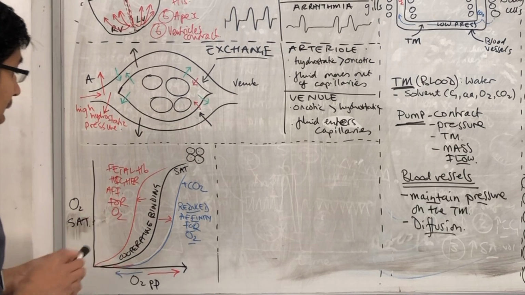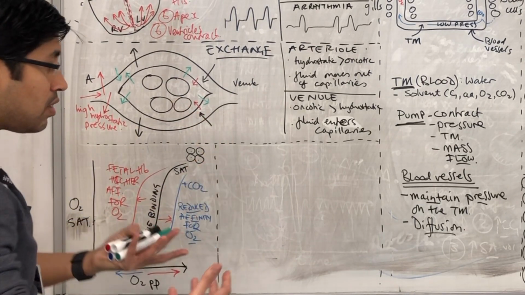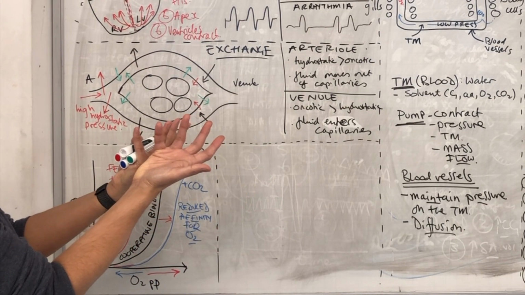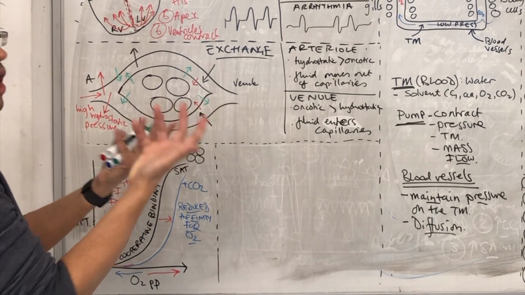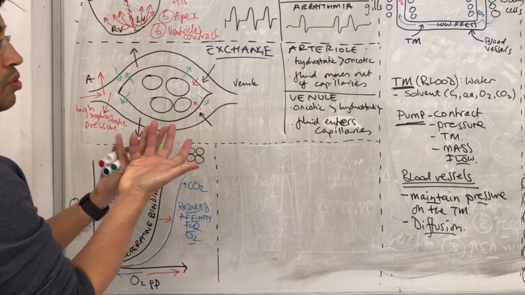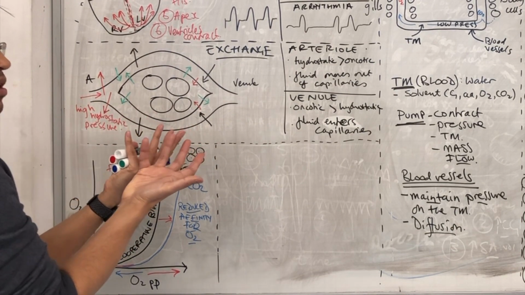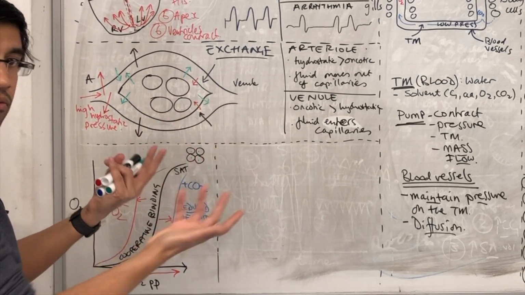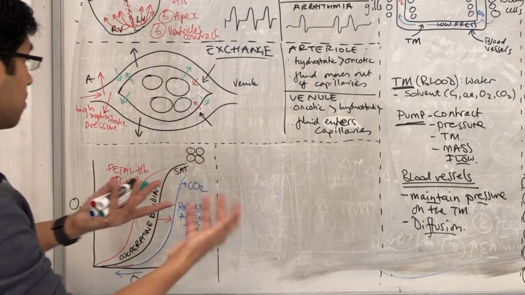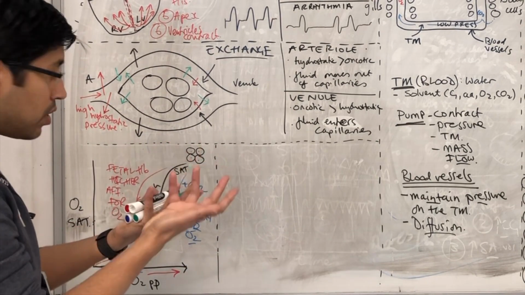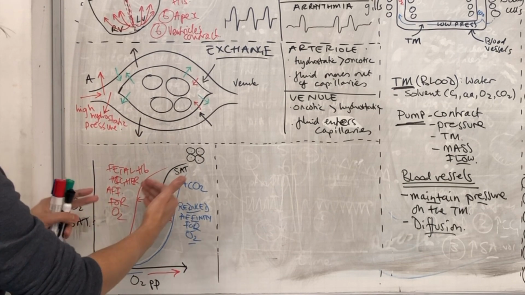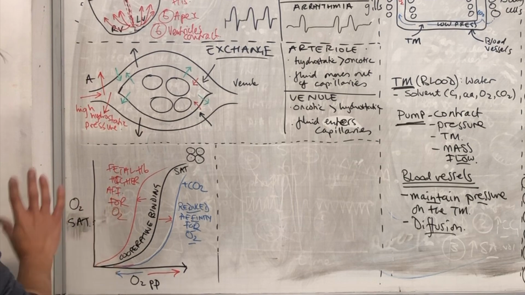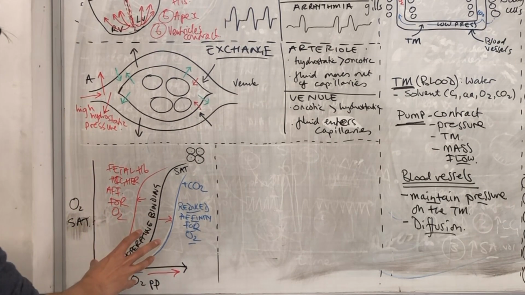Again, that makes sense because you have the mother circulation and the fetal circulation. The fetal circulation has to have a higher affinity if the oxygen is to shift from the mother's blood over to the circulation in the fetus. So in order for the fetus to grab the oxygen, it has to have a higher affinity for the oxygen, and therefore it makes sense that the curve is shifted to the left. Again, spend some time with that, make sure it makes sense to you.